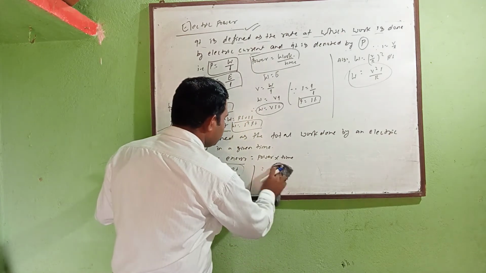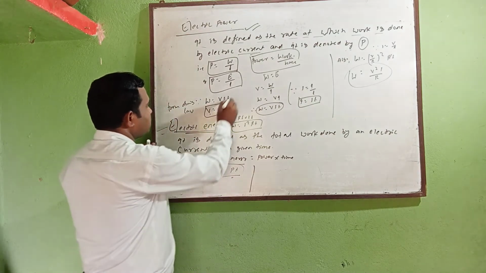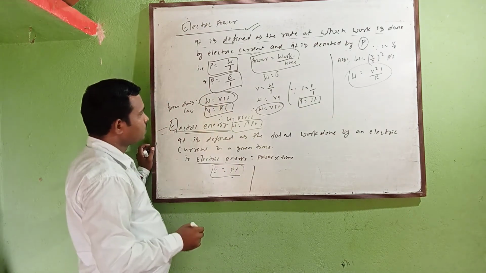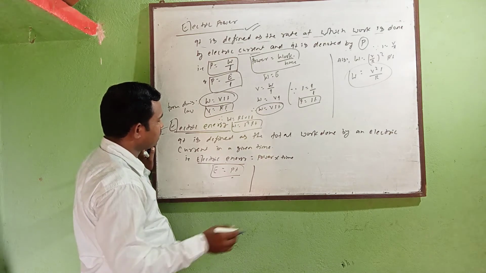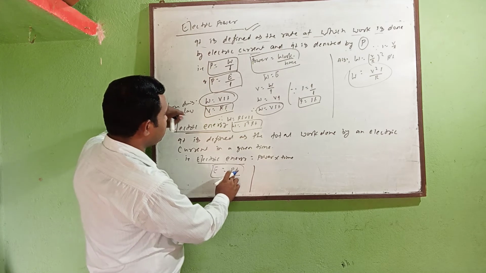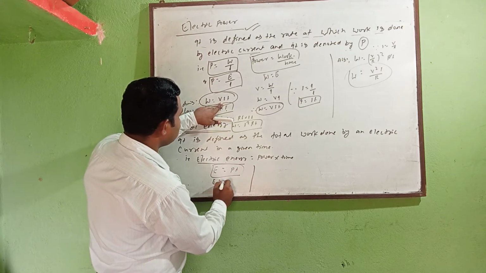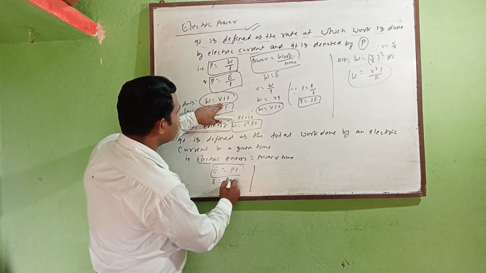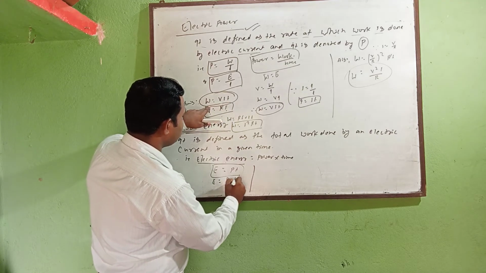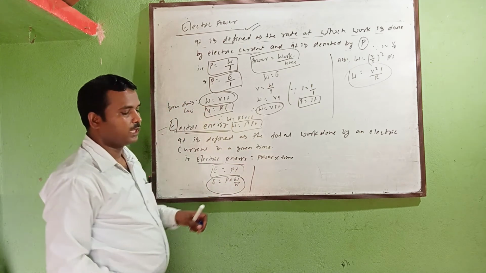So better to use these other equations for P, and at the place of P, this value you will put. So E equal to P into T, where P is W by T or VI. This relation also you can find out.